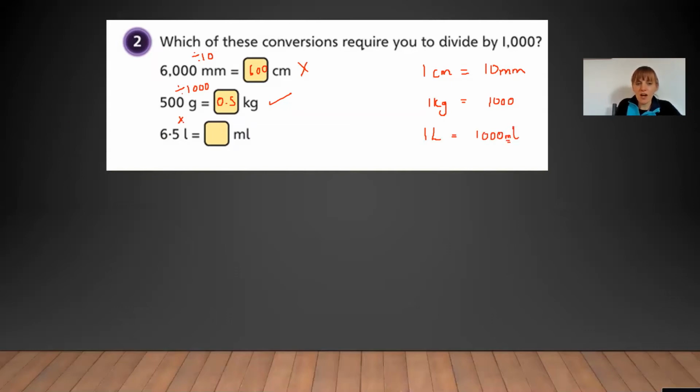So I'm going to times this by 1,000. So 6.5 times 1,000, everything's jumping 3 places larger, isn't it? Because I'm timesing. It's going to give me a final answer of 6,500 millilitres. All right, so the only one here which required me to divide by 1,000 was the second one.